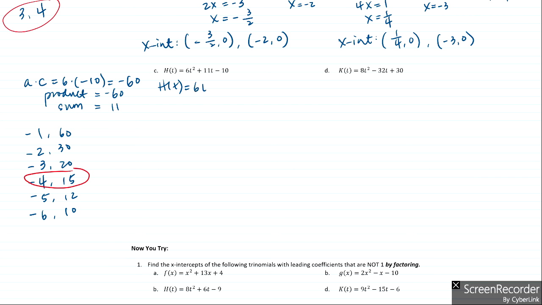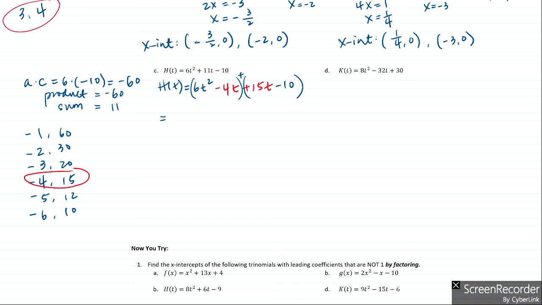So this is really equal to 6t squared minus 4t plus 15t, because I have a positive 15t, minus 10. And again, the first two terms go together, last two terms go together, connected by addition.